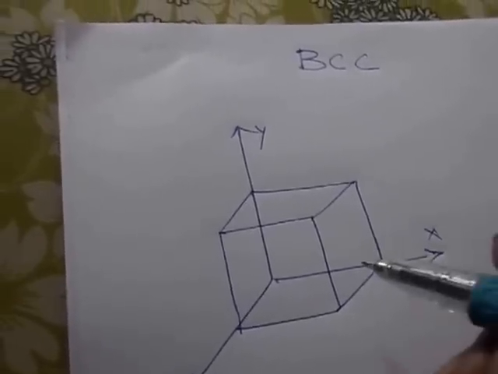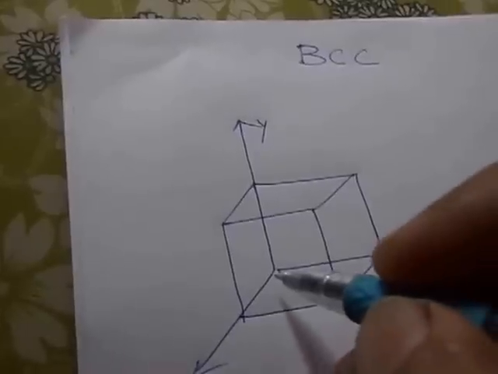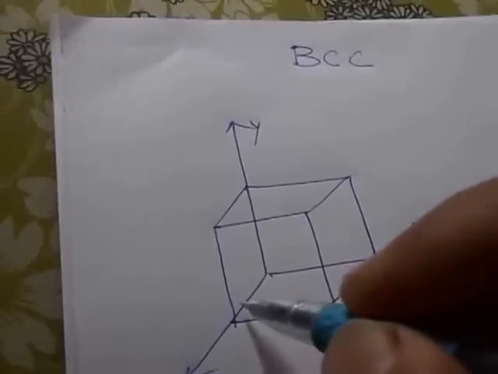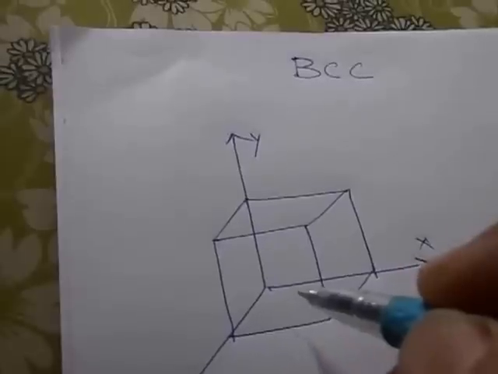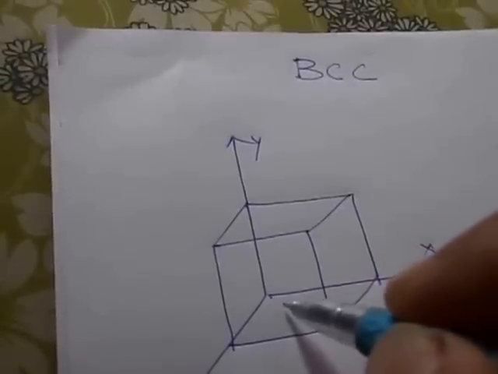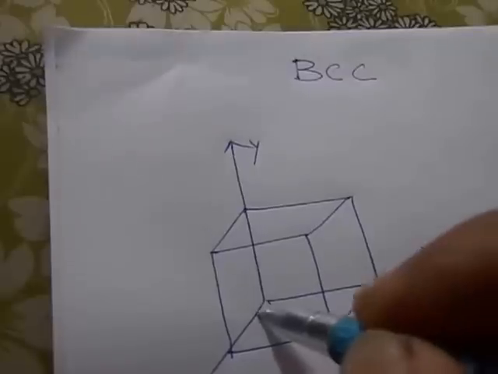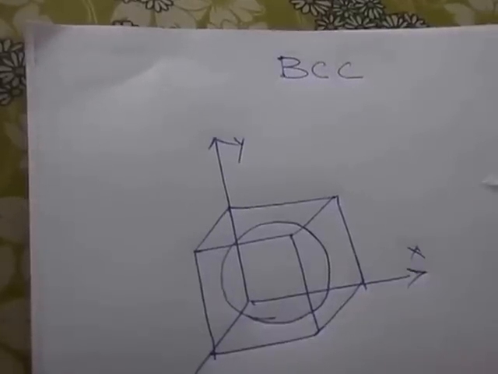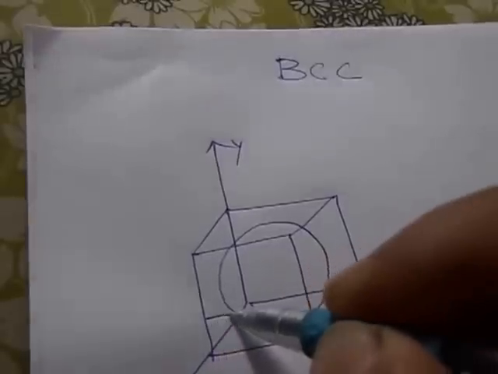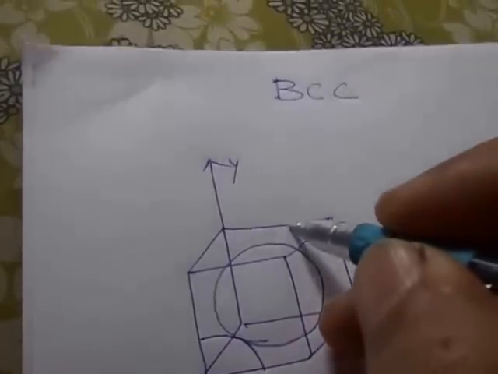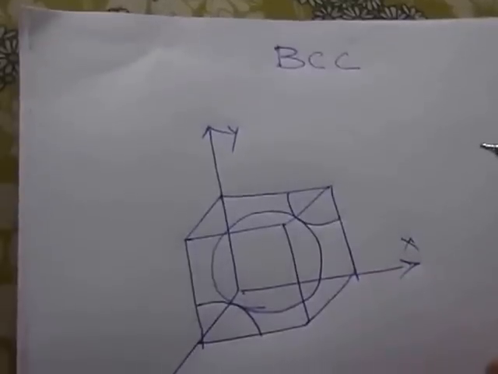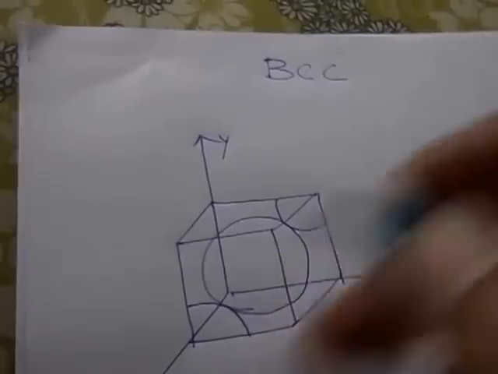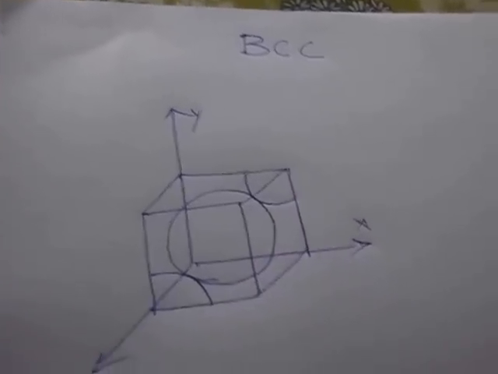And we have said an atom is inside the unit cell, and each corner has 1/8 of an atom. So I put it in this manner. Say one atom, the body centered atom, is inside, and the corner atoms are touching this body centered atom. These two corners I have marked. Similarly, it is there in all corners.